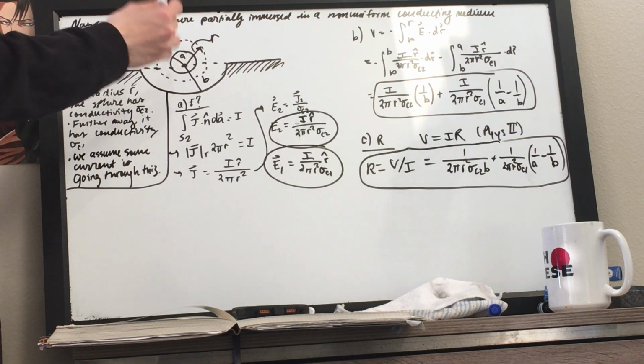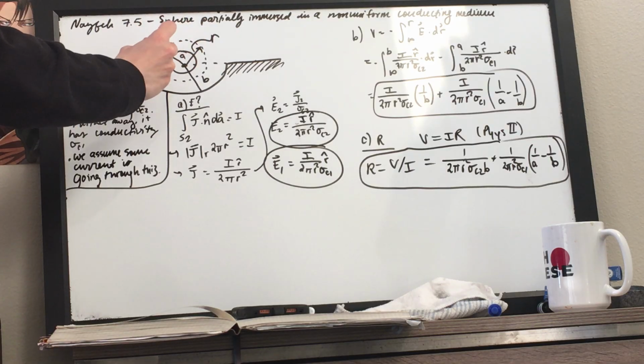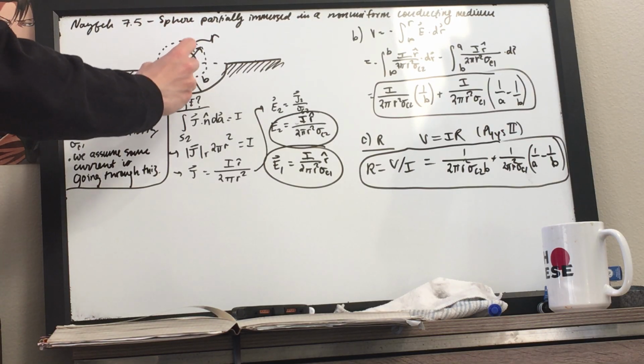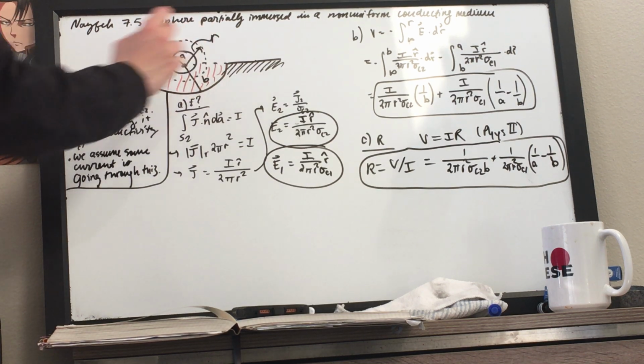I don't know which way the current's moving at the moment, but let's just take current to be positive, whichever way we decide to orient it. We lay it in the earth and it's partially buried underneath all of this earth right here. So this is all also earth.